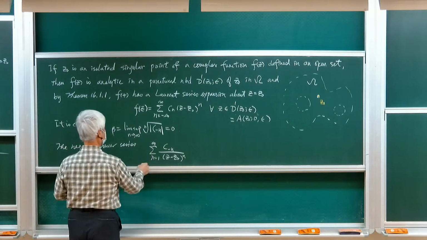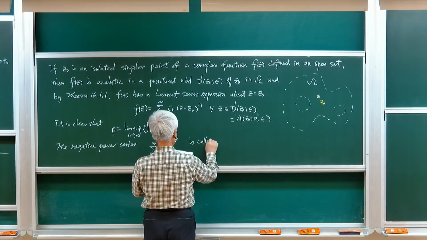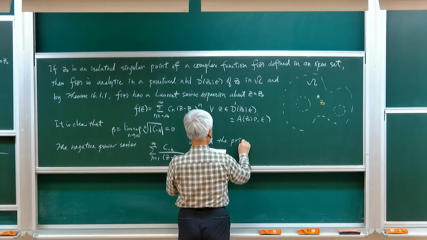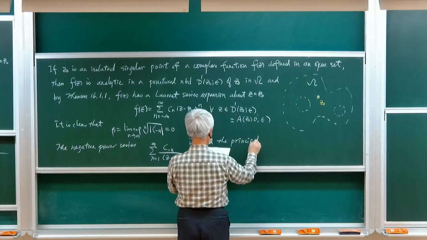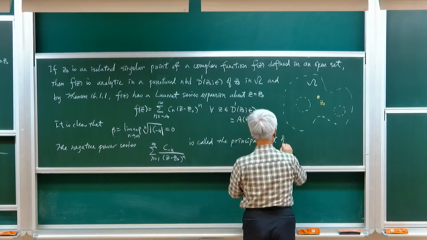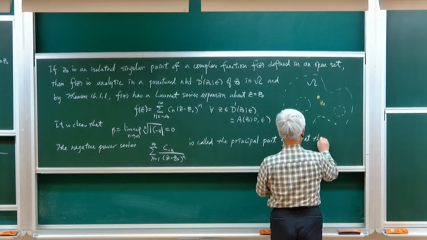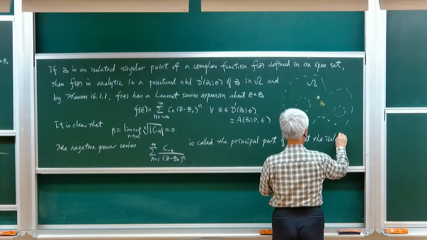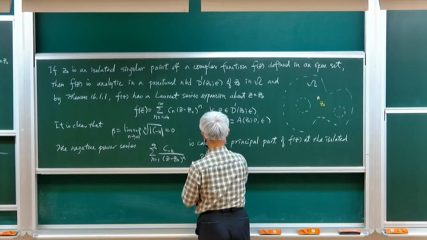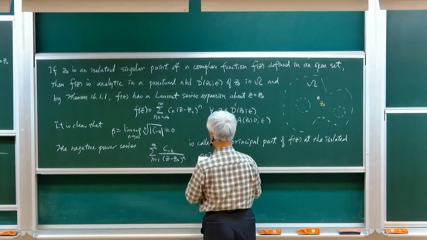This negative power series is called the principal part of f of z at the isolated point z equal to z0.